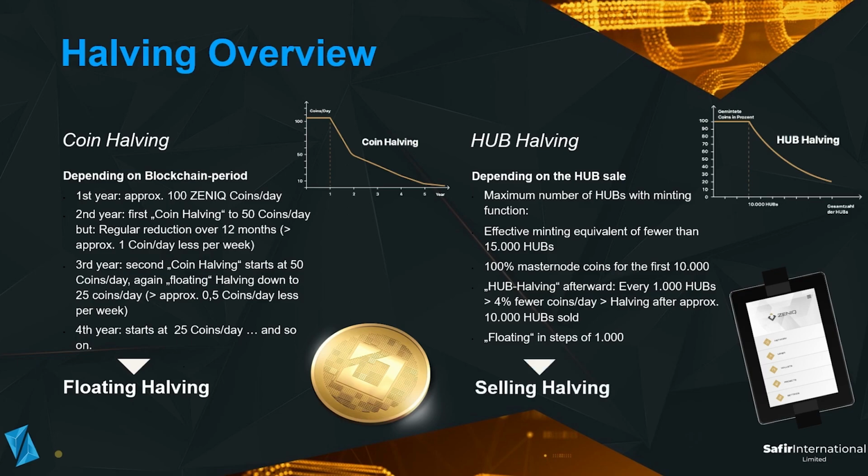So you have two different halvings. One halving that is going on every day through the year, decreasing slightly your minted coins. And you have an additional halving concerning the hub devices that are sold.